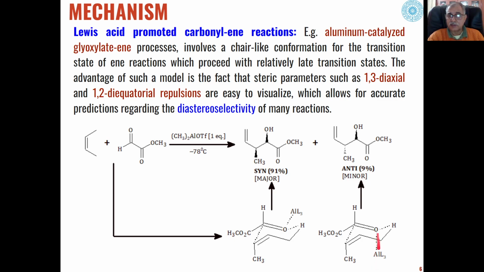So this is our 1,3-diaxial condition. These are less stable, and that is why the anti product will be formed only as the minor product, and here we have equatorial repulsions, and that is why the same product will be formed as the major product.